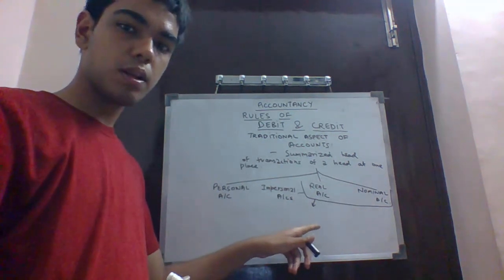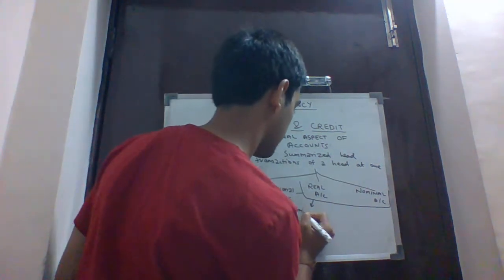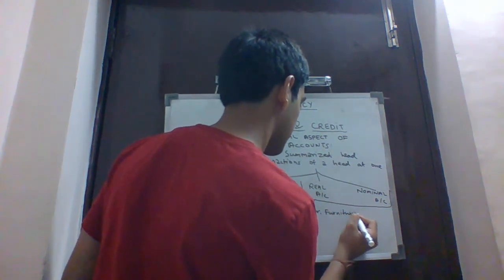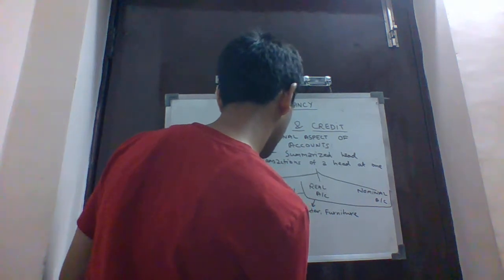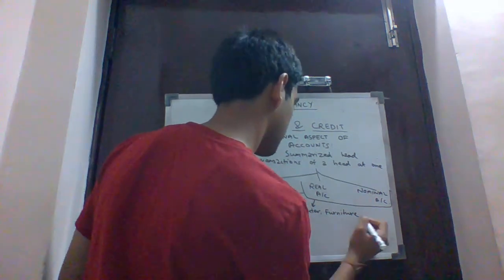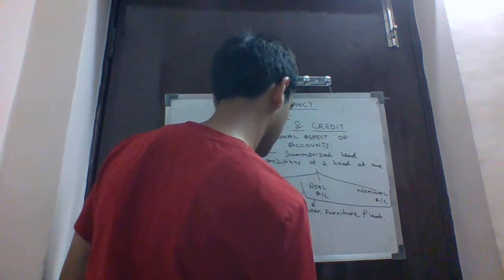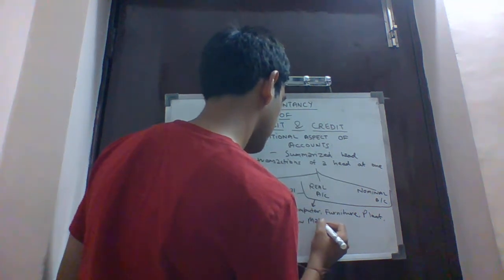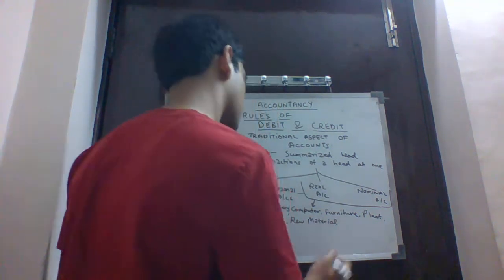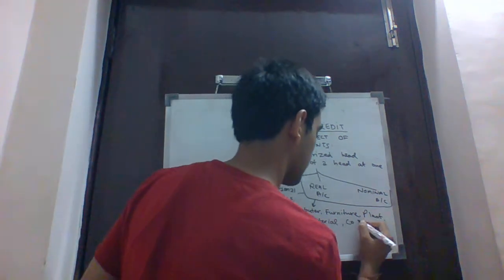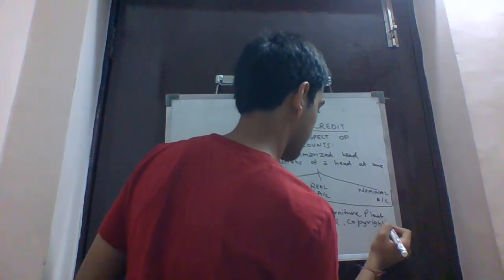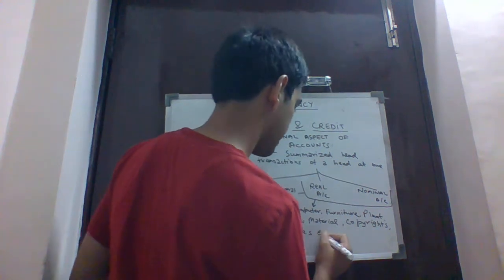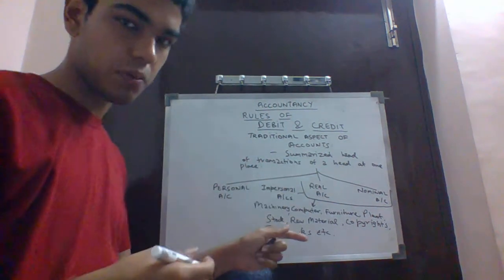So real account will comprise computer, furniture, machinery, plant, stock, raw material, etc., copyrights, trademarks, etc. So these will be coming under the real account.